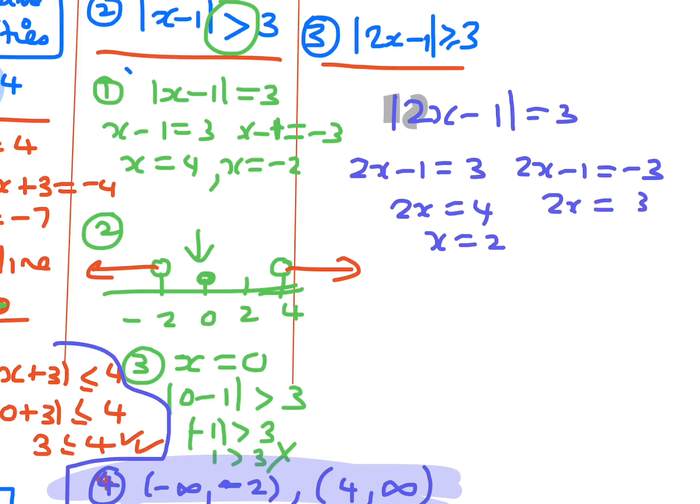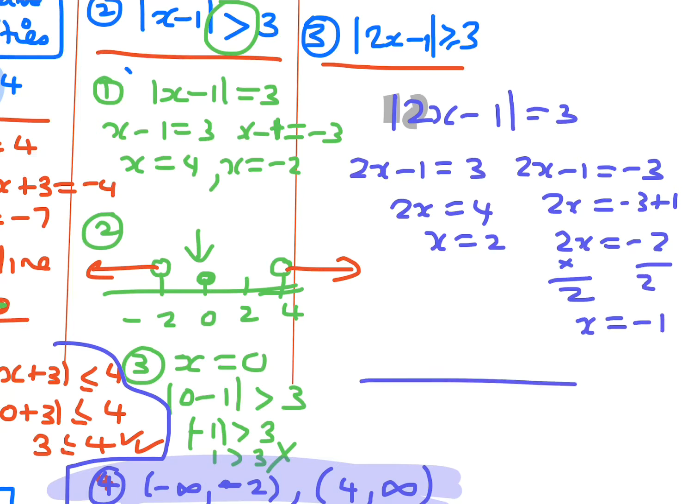Then 2x minus 1 equals minus 3, 2x equals minus 3 plus 1, 2x equals minus 2, divide by 2, and x is minus 1. So I have my two zeros, on a number line with minus 1, 0, 1 and 2. I check whether it's an equal sign, and I notice that it can equal those values, so you colour them in.